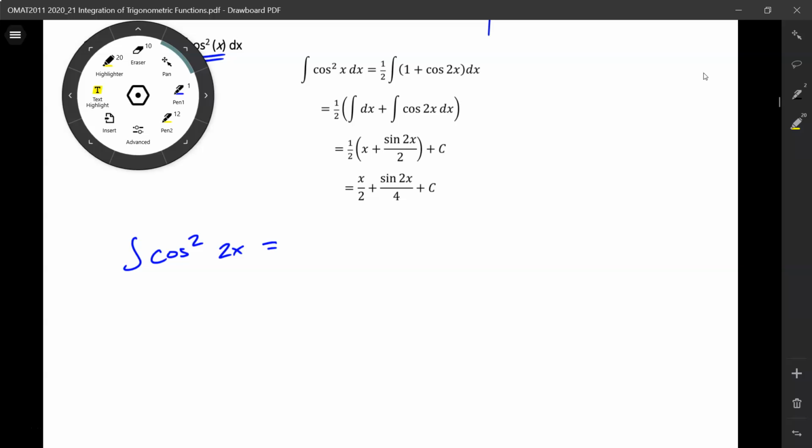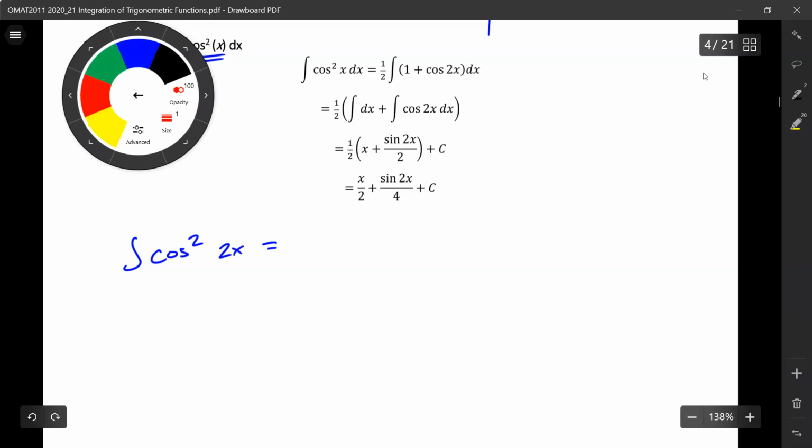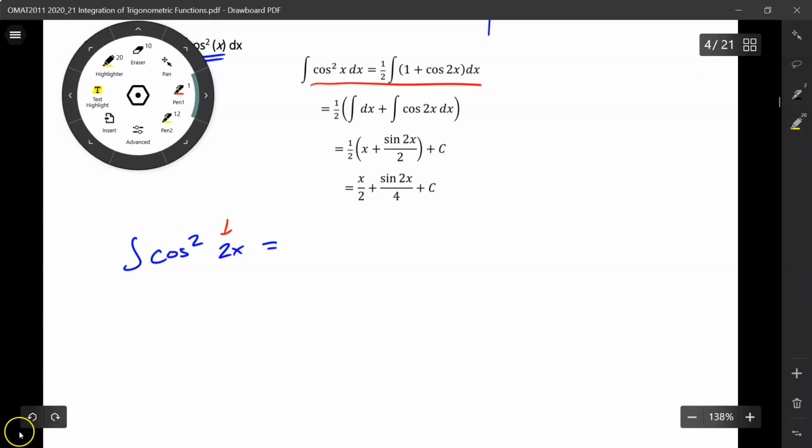Just figure out how you apply this rule up here to this particular problem. The tricky bit here is how do you apply this rule when you have a constant in front of the x. So I'll give you a minute to have a go at that, and then I'll run through it.